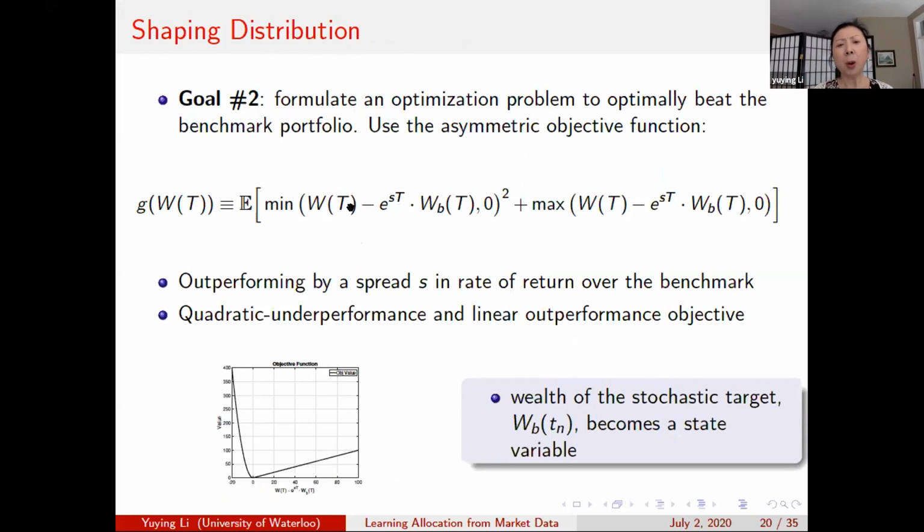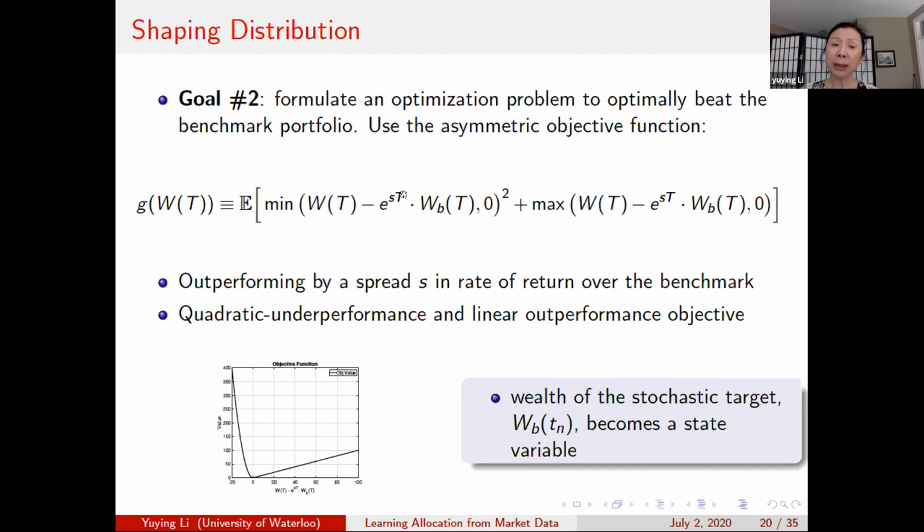We want to beat the benchmark, so we elevate slightly our benchmark terminal wealth. You can think of this as an exponential, continuous compounding kind of growth rate. We call it a spread of S, to elevate my terminal wealth.